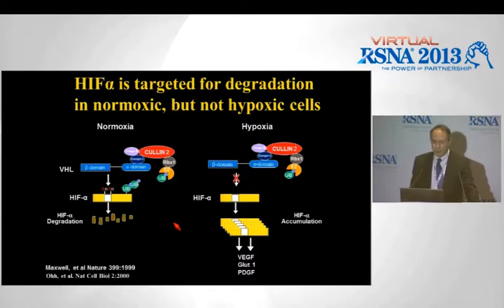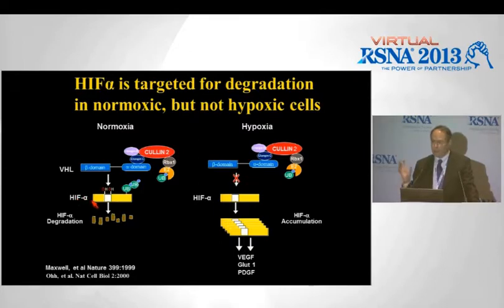Now, I won't belabor this point, but we do have an understanding of what the VHL gene does, why it acts the way it does, and why it creates cancer. We're not quite so sure about why it creates kidney cancer as opposed to other kinds of cancer, but we do understand that in the normal state, von Hippel-Lindau protein is involved with the degradation of a very fundamental protein called HIF-alpha, HIF-1 alpha, which is hypoxia-inducible factor alpha.